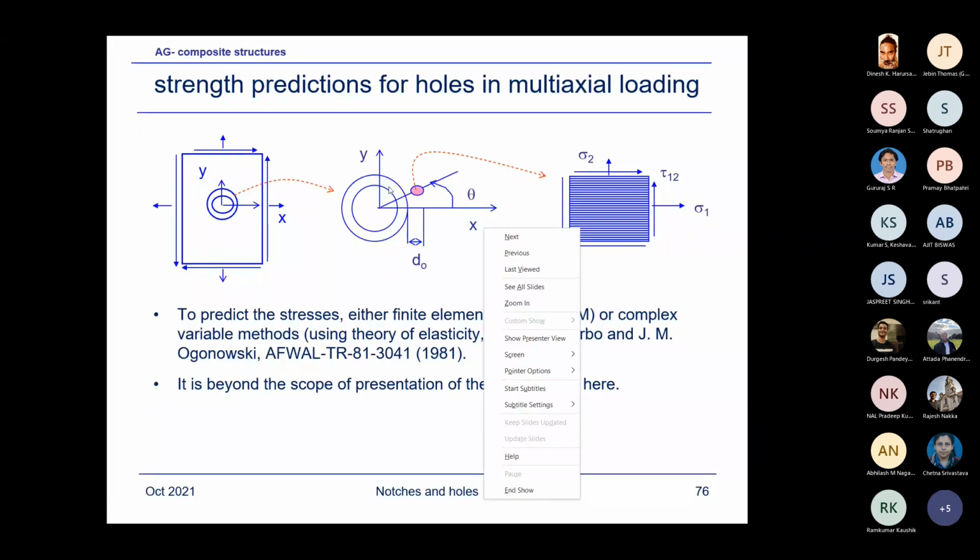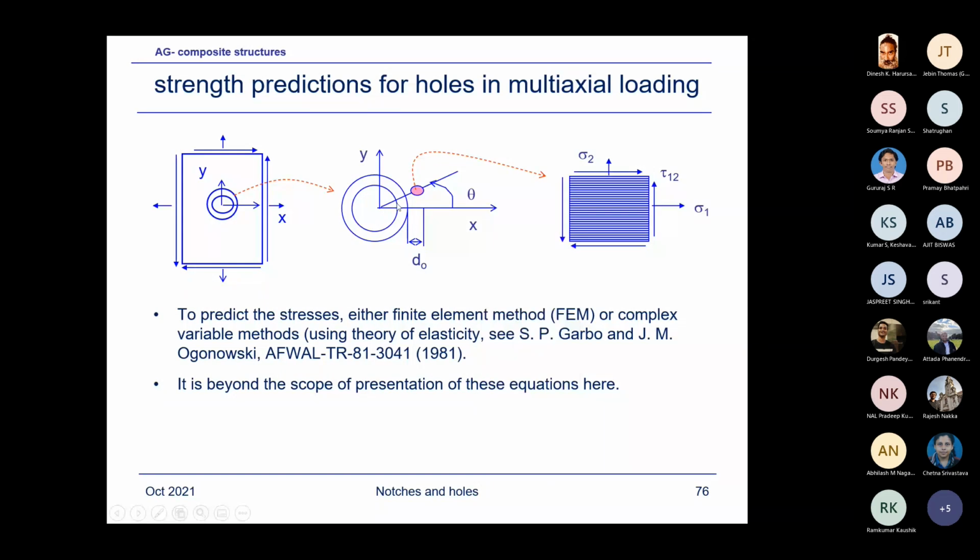So you can pick up the strains for those beam elements right at the edge of the hole, because when using the stress concentration method, you pick up the stress or the strains right at the edge of the hole. Then compare with your allowable unnotched strength.